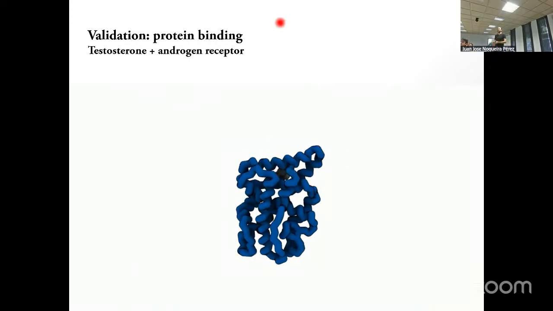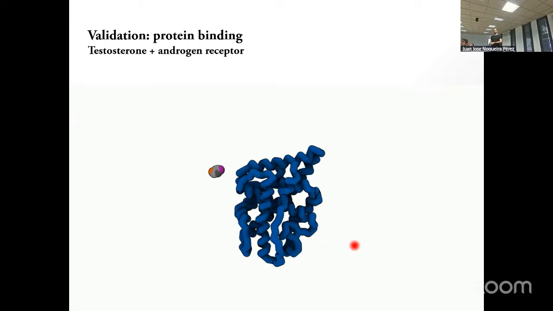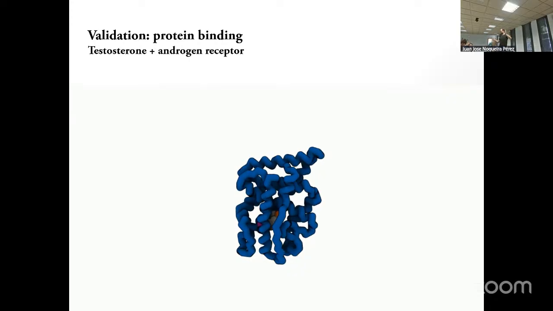It goes around, and yep, that's not the binding site either. Yep. Now it finds the binding site. Actually, the cavity is quite in there, and it actually finds it, and it's super cool. So we're quite happy. And the thing is that we had all these hormones that we parameterized.